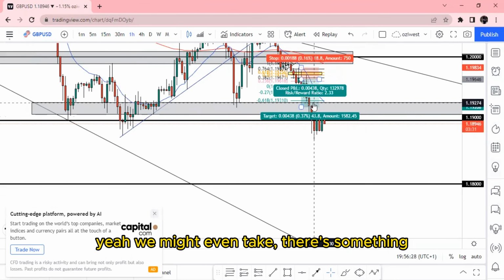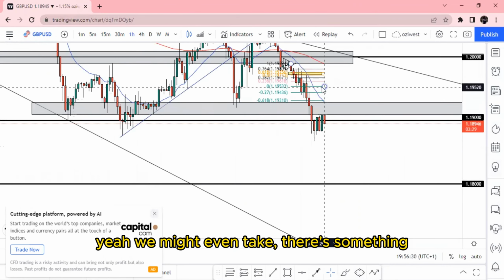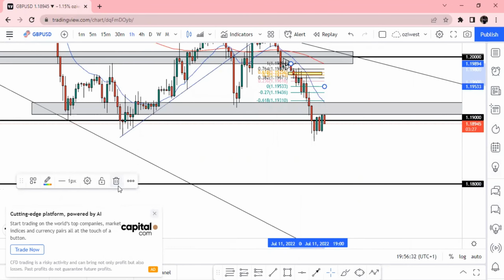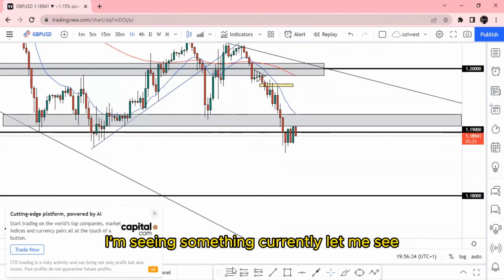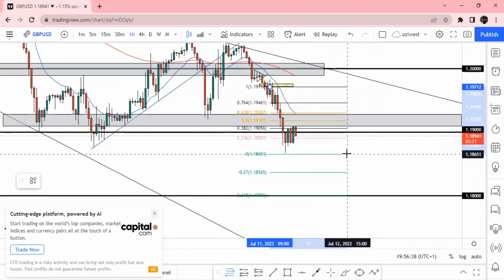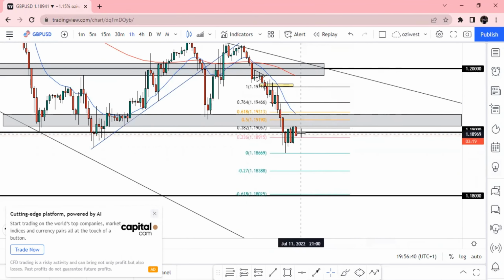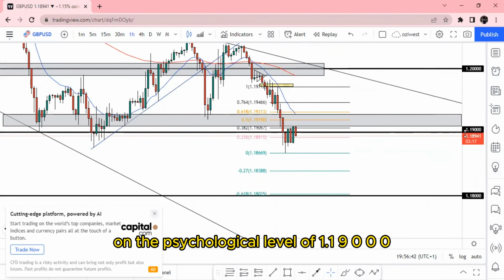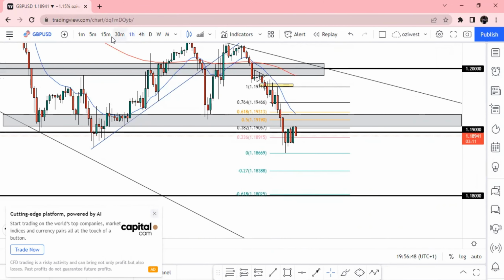Yeah, we might even take. There's something I'm seeing currently. Let me see. A 382 rejection and the psychological level of 1.19000.